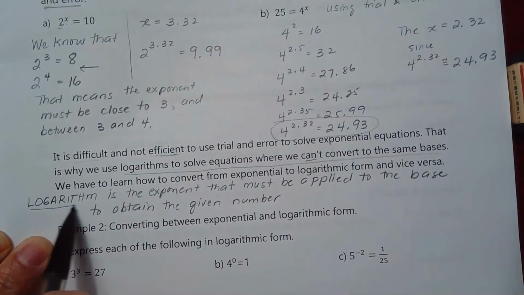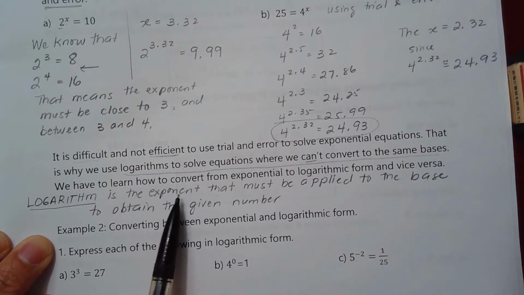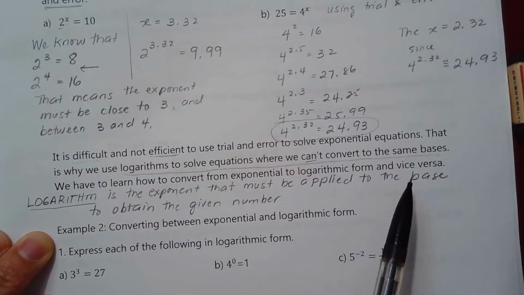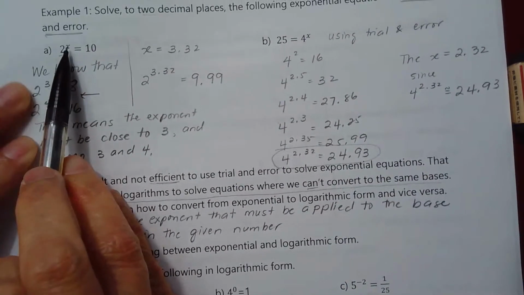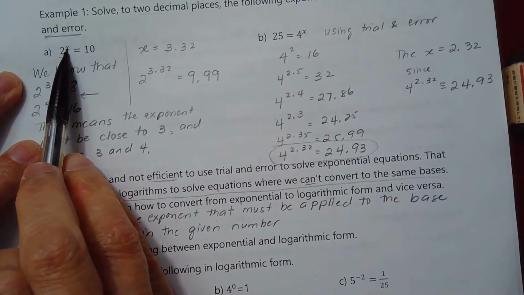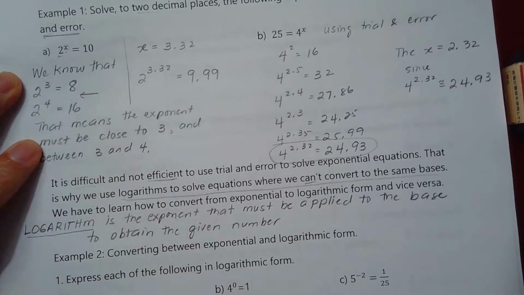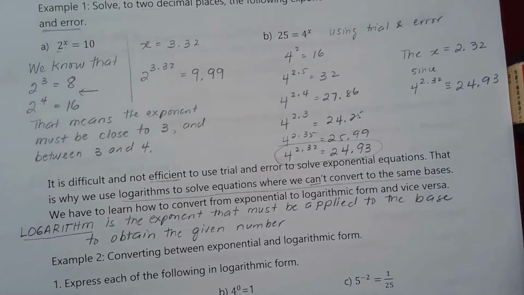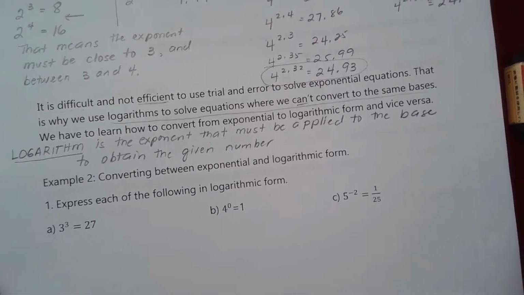So the word logarithm is figuring out what exponent must be applied to the base. So answering that question here, what is the exponent that I have to apply to the base to get this given number? Okay, so that's basically what it is, figuring out what the exponent is.